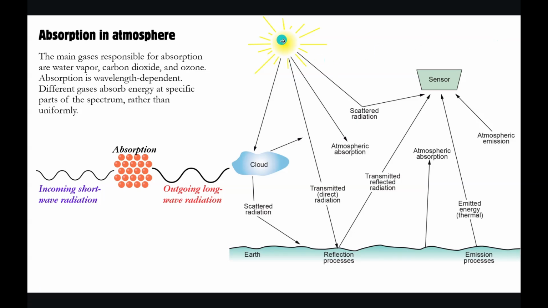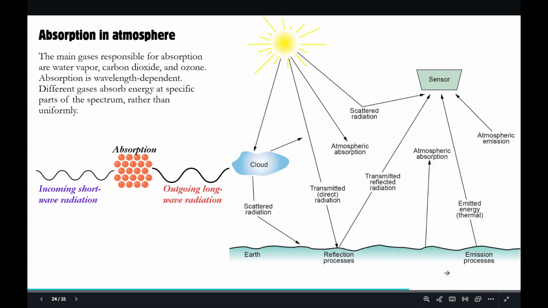And then you have some radiation that never comes towards the surface, completely gets absorbed, and later it will emit some radiation just to cool itself down. And then you have the fourth pathway, wherein at the top of the atmosphere itself it is scattered and goes to the sensor without coming towards the planet's surface.